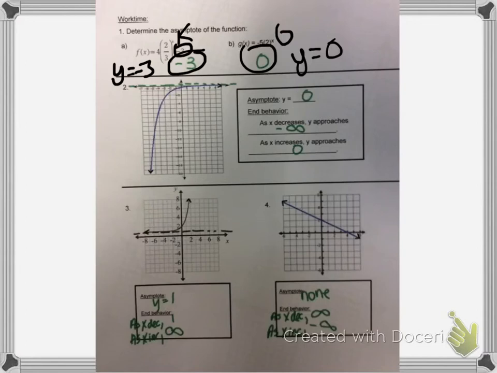Number 2, you look right here, our asymptote right across 0, so this one's y equals 0. Right here, you notice that's our asymptote, our end behavior. As x is decreasing, and we can label ours, you notice that our y values are going to negative infinity. As x is increasing, y is approaching 0.